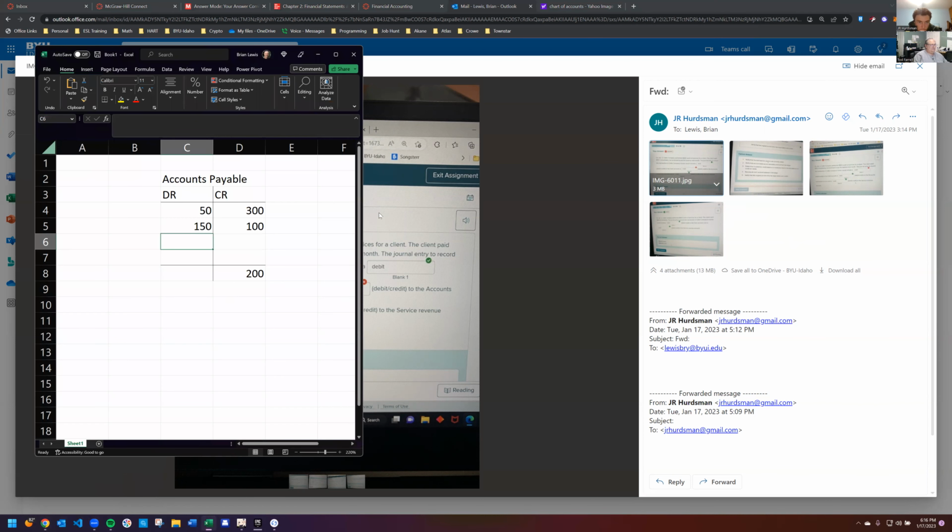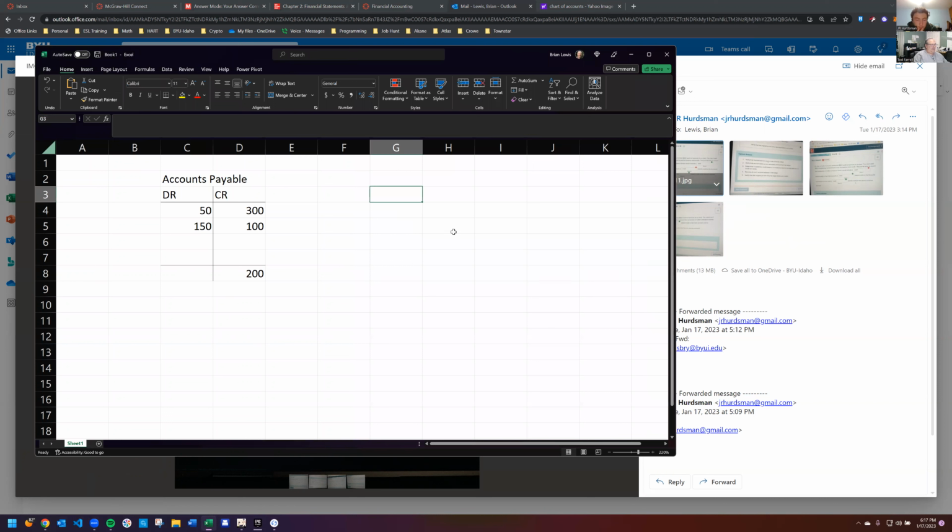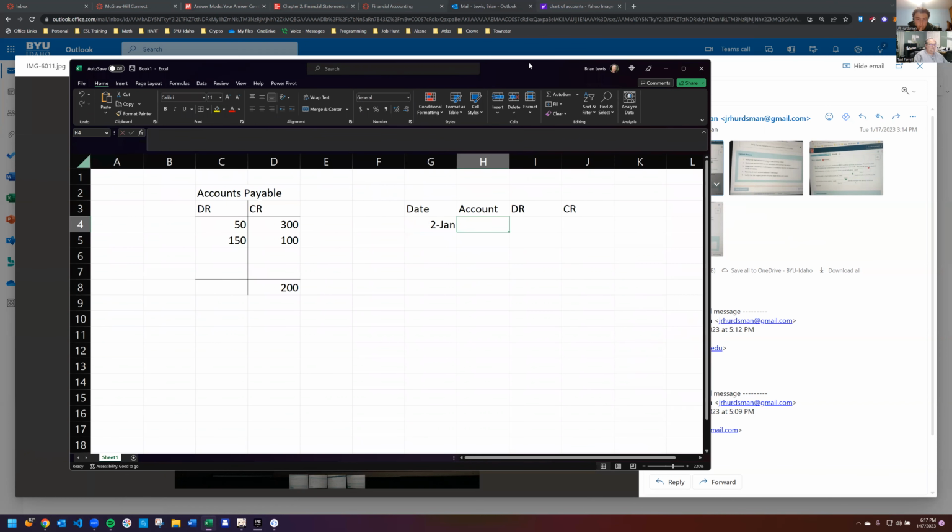So in here, when I do my entry, this is a journal entry: whatever date, account, debit, and credit. Okay, so what did they say this was? January 2nd. You have a couple of different things going on.